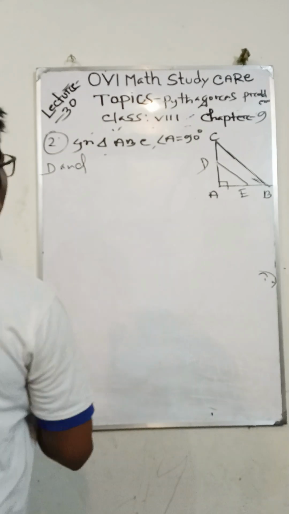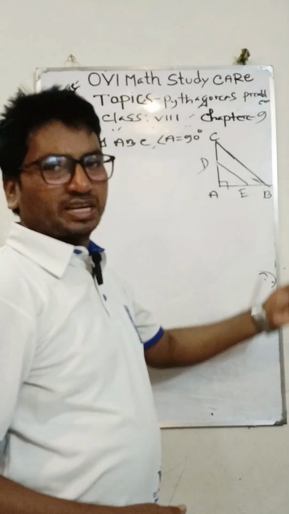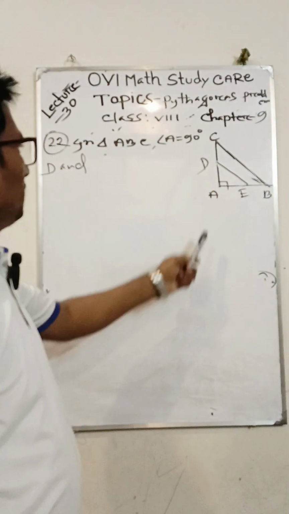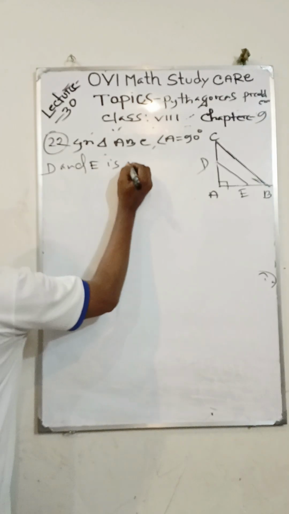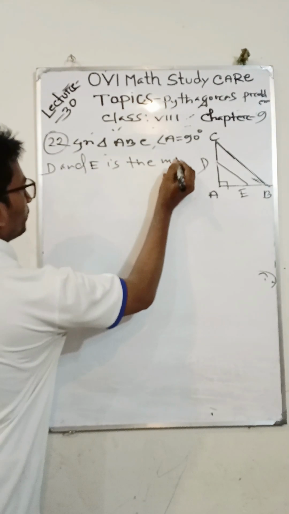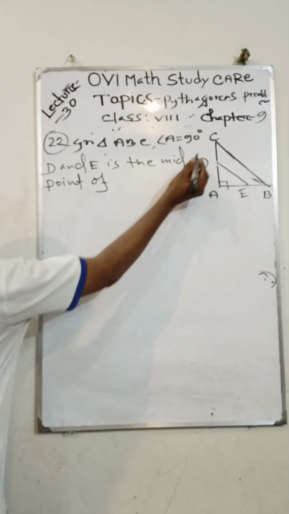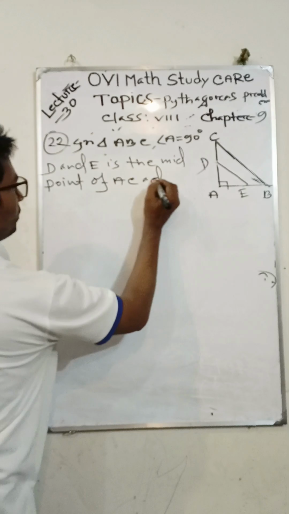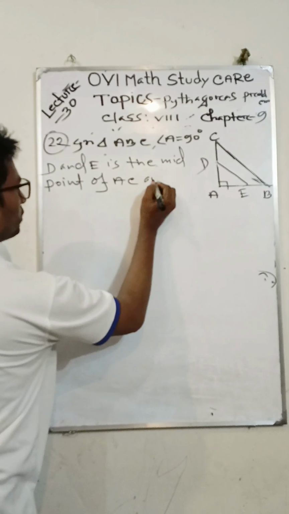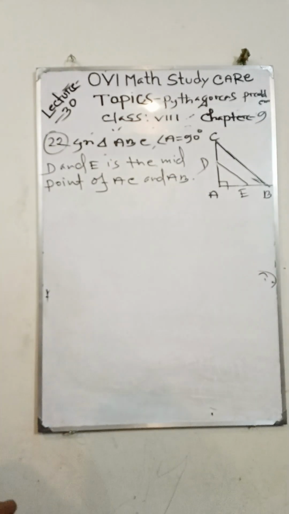Dear students, our next problem, problem number 22. Here ABC is a right angle triangle, A is 90 degrees. D and E are the midpoints of AC and AB respectively.